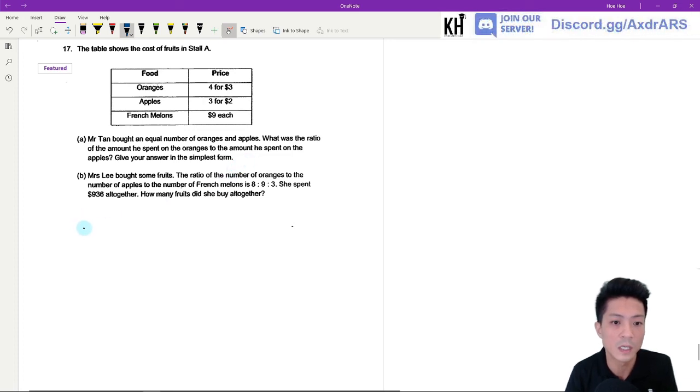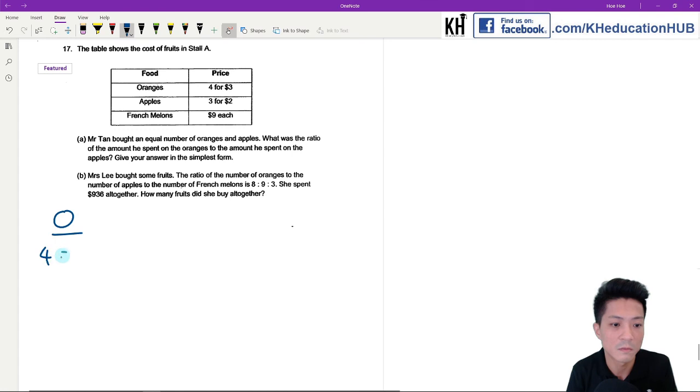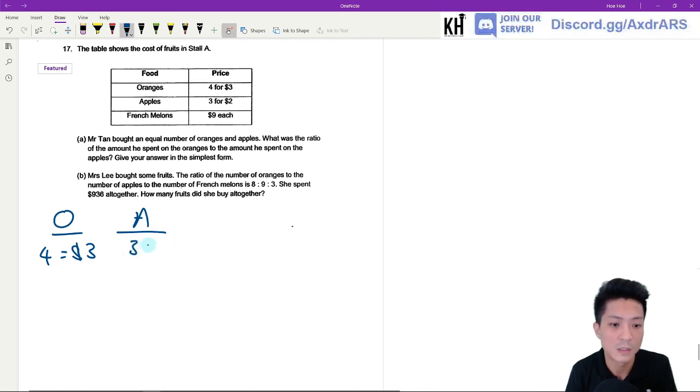So in this case, for oranges, it is 4 for $3. For apples, it is 3 for $2.